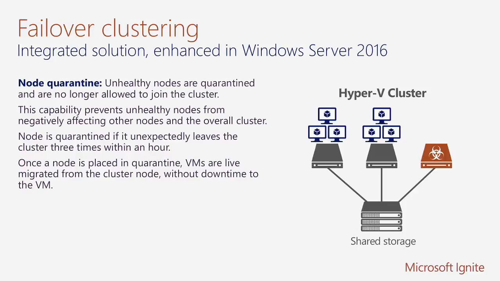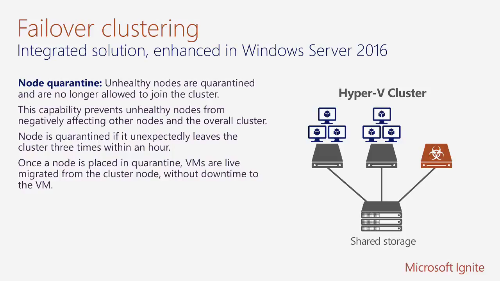So we track whenever that happens. And if we see that exceed a threshold, the default threshold, which is configurable, is if we see this happen 3 times in an hour, we will put that node into quarantine. And quarantine means 3 things.